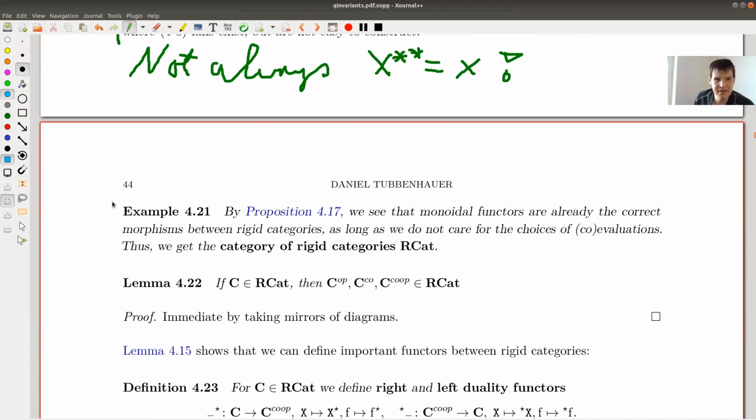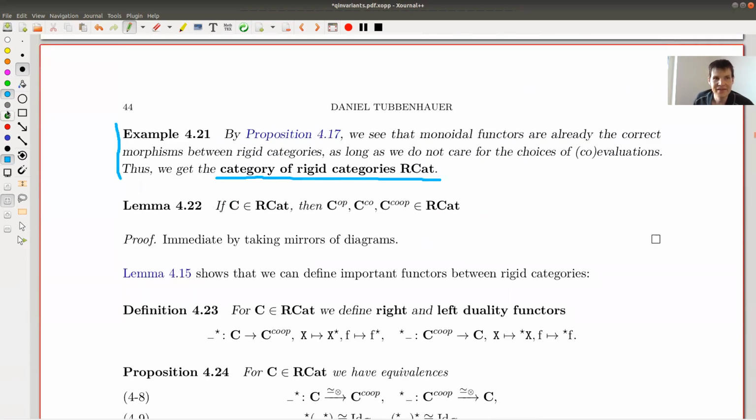But we already know that monoidal functors are the correct definition in the monoidal category, so we automatically get this category of rigid categories, which are called R-cat. But by mirroring, you will see this is almost a trivial statement. So if you have a rigid category, so you have right and left duals, then the opposite, the co-category and the co-opposite category are also rigid. Just mirror your diagrams in the appropriate way.